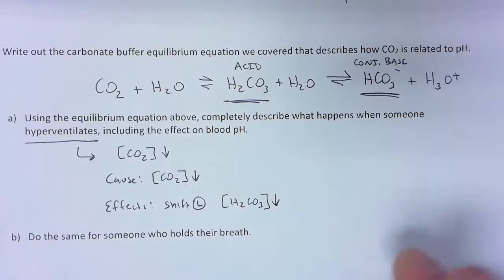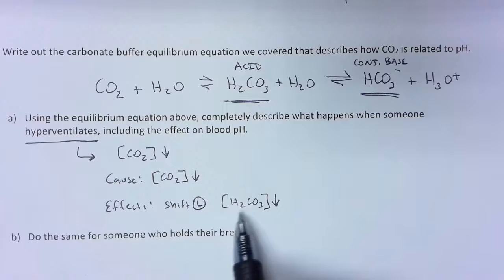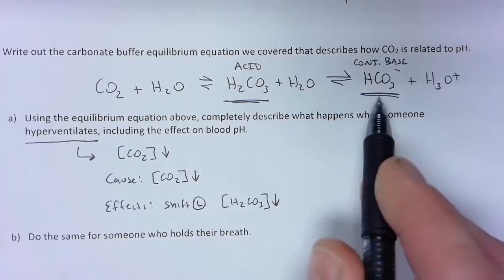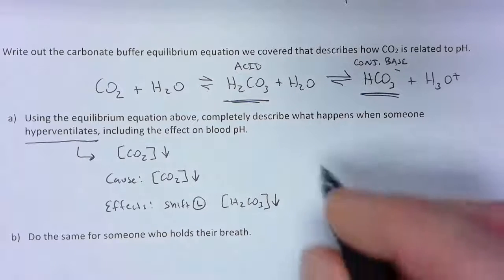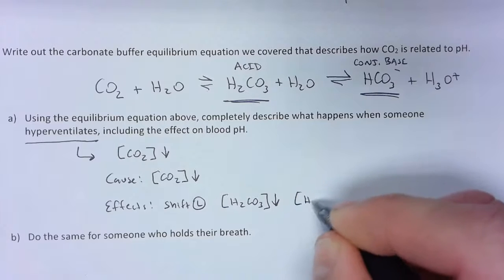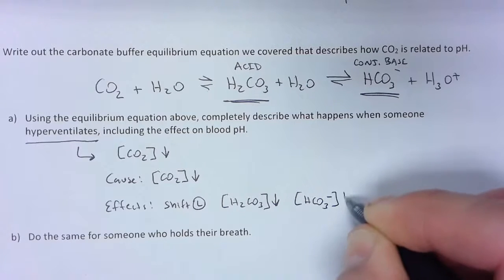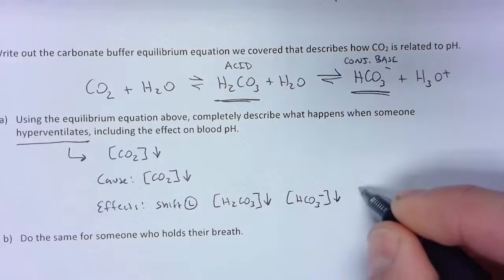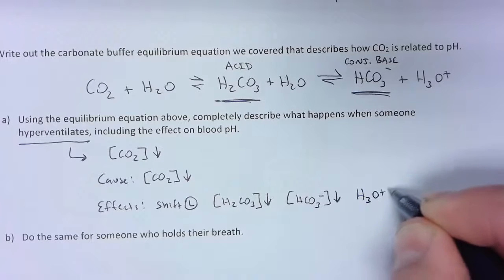Its effects of the change in equilibrium are negligible. So H2CO3 concentration will go down because there's a shift in equilibrium to the left. HCO3- will go down, and H3O+ concentration will go down.